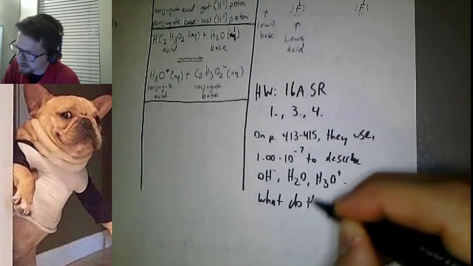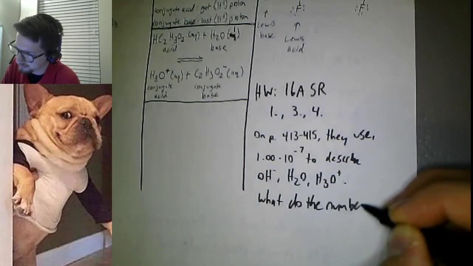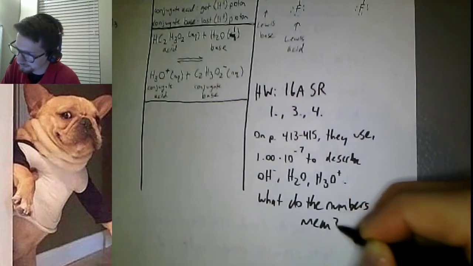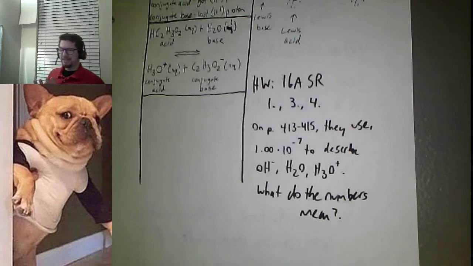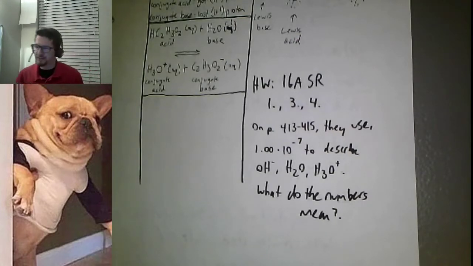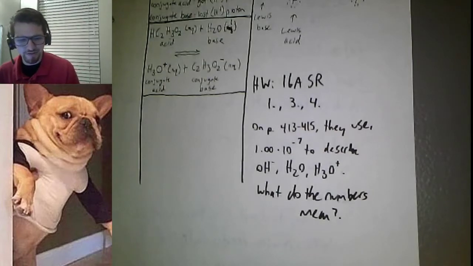What do the numbers mean? I would like you to look through those pages, look for what I'm talking about, the 1.00 times 10 to the negative 7, figure out what they mean, and then give me a 1 to 2 sentence description of what it means. So your homework is really 4 questions, 1, 2, and 3 on the section review, and then this question.